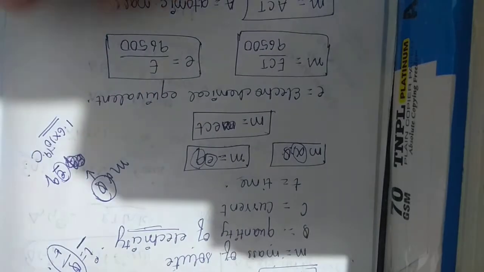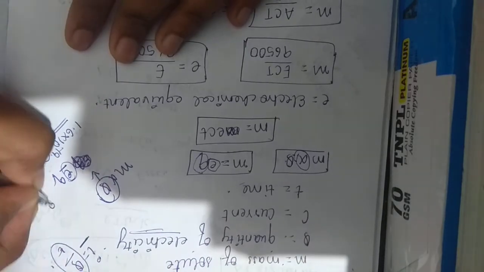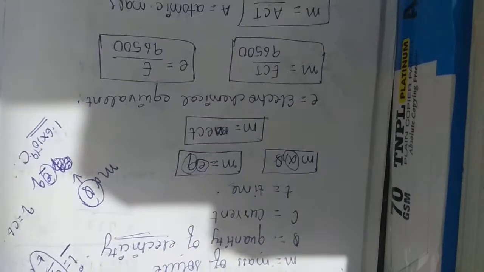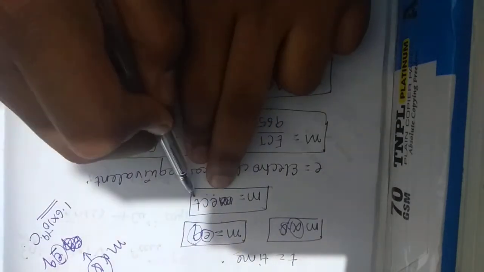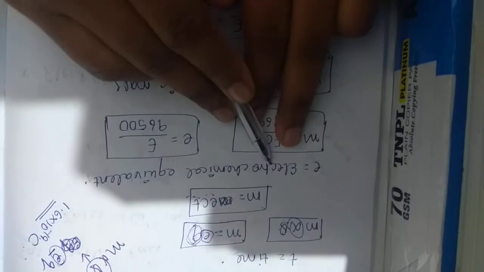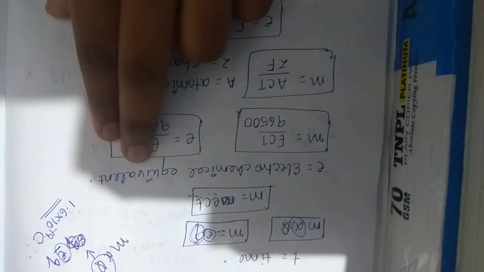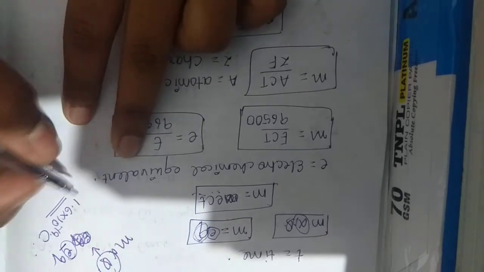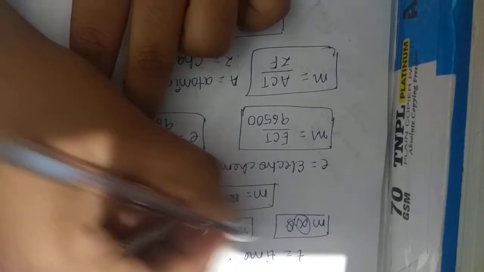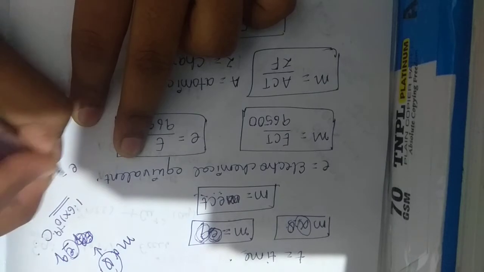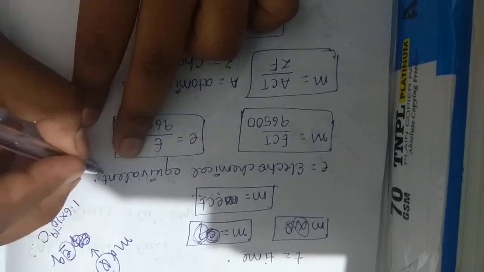Fine. Now what is Q? Q is CT. I've told you, right? So ECT. Q is CT. So it's ECT. Now E is electrochemical equivalent. So the proportionality constant which we have taken here, E, is electrochemical equivalent.